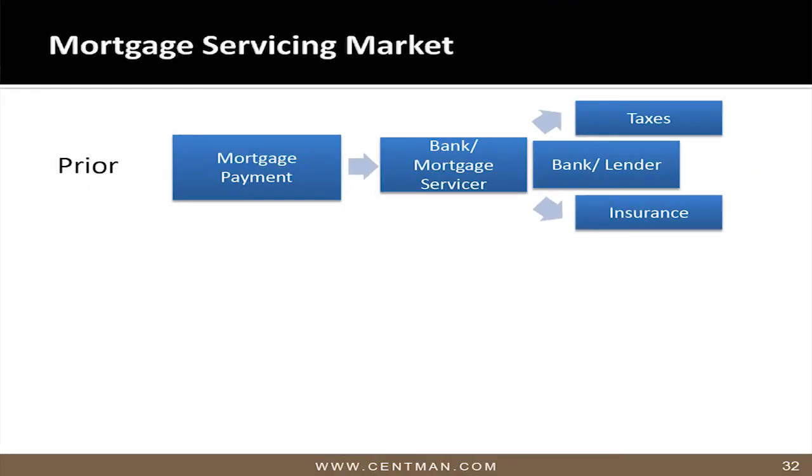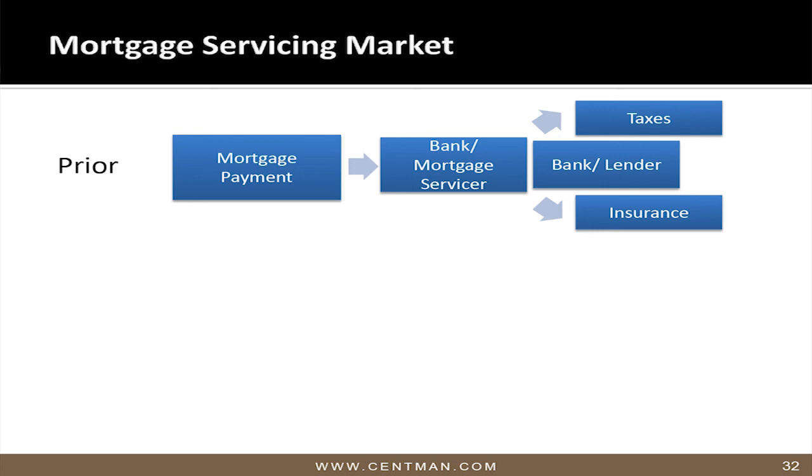This is a chart that represents the flow of a typical mortgage payment. So when a mortgage payment was made, it would go to the bank, and that bank also operated as a mortgage servicer. Now, that mortgage servicer is the administrative function of separating that mortgage payment into taxes, insurance, and principal and interest.